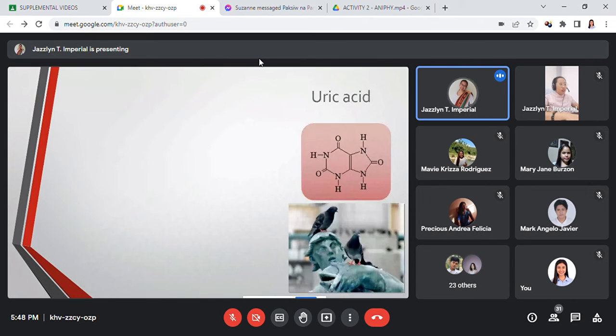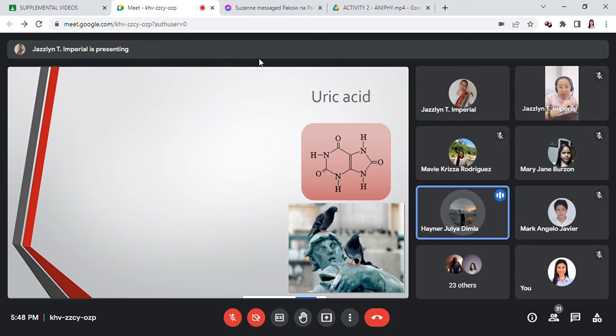So these are found in birds, reptiles, and insects. Okay? So, uric acid. Another thing po, sino sa inyo ang naiputan na ng ibon? Hainer, naiputan ka na ba ng bird? Wala pa naman akong maalala. Di ba may mga sabi-sabi yung matatanda na pag naiputan ka ng ibon, you're lucky?